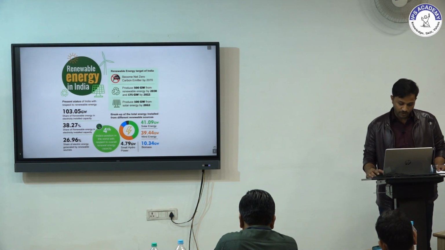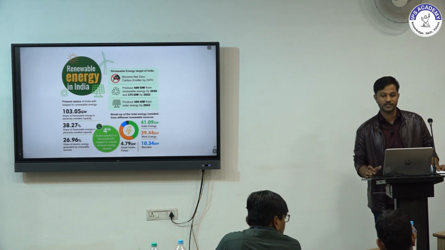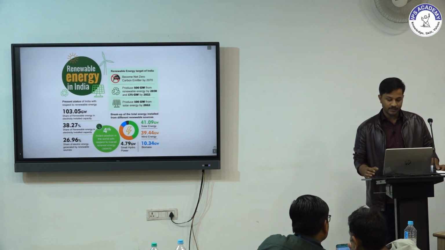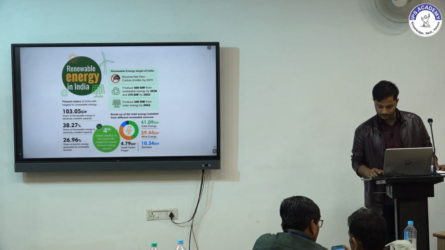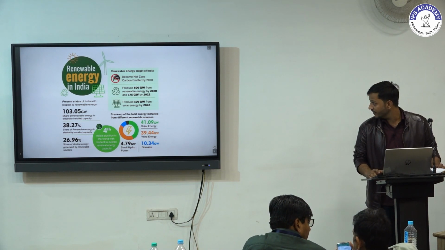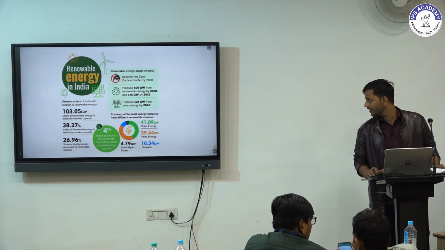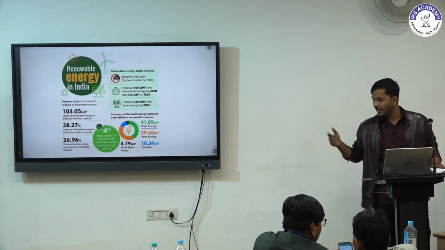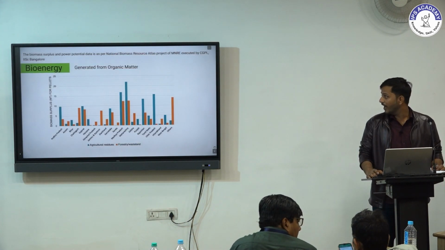We aim to produce 500 gigawatt from renewable energy by 2030, which is soon to come, and 100 gigawatt from solar energy by 2022. India is working at a vast level on solar energy, which I am presenting on incoming slides.